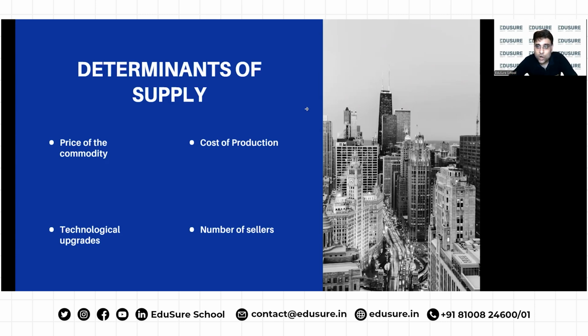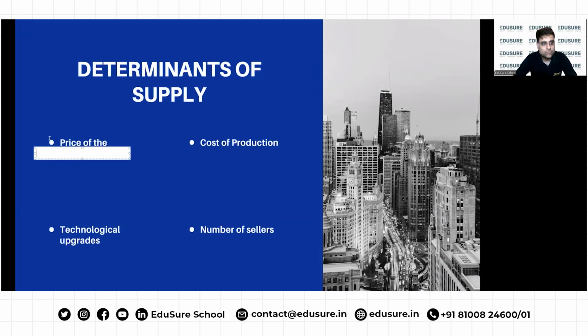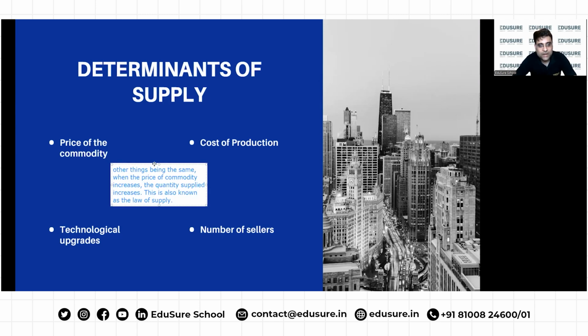The phenomenon where, other things being the same, when the price of the commodity increases, the quantity supplied increases, is also known as the law of supply. Let's put this on the whiteboard. Other things being the same, when the price of a commodity increases, the quantity supplied also increases.